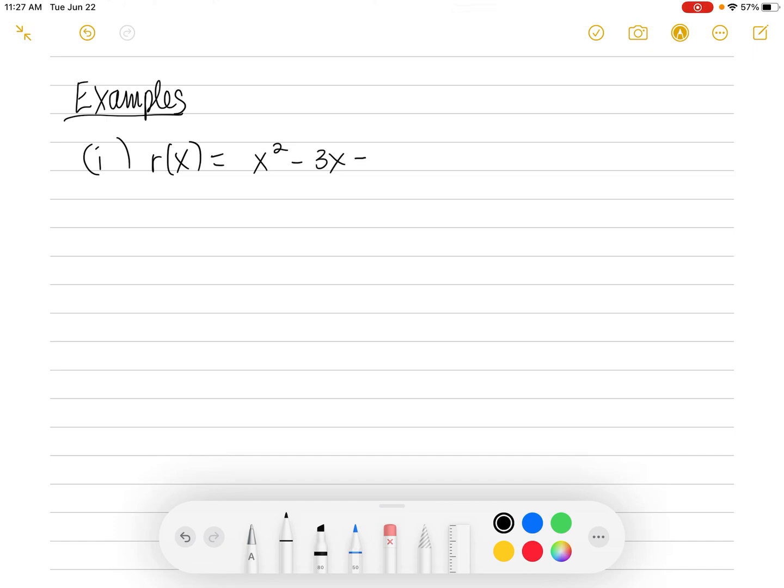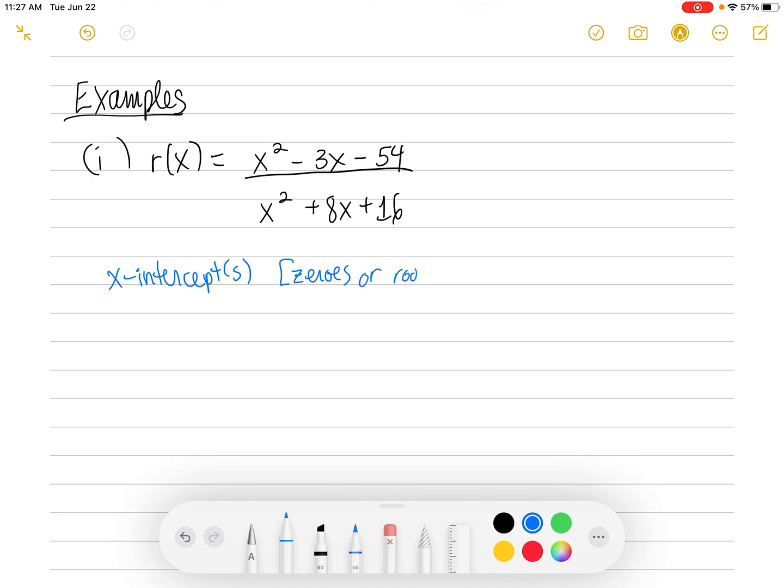Say I have x squared minus 3x minus 54 on top, and on bottom we have x squared plus 8x plus 16. And we're just trying to find the x-intercepts, or I might call them the zeros, or the roots.